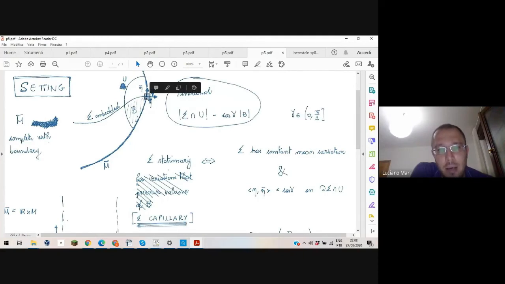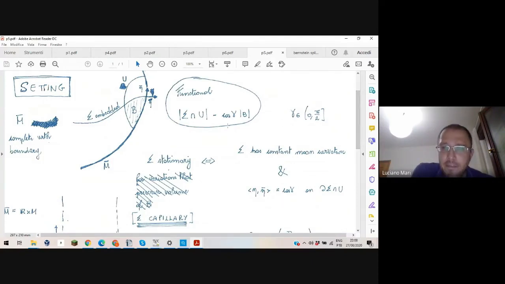The angle between the normal of the boundary of sigma inside of sigma, which is this one, and the normal of the boundary of sigma inside of the boundary of M bar shall be constant. Okay?